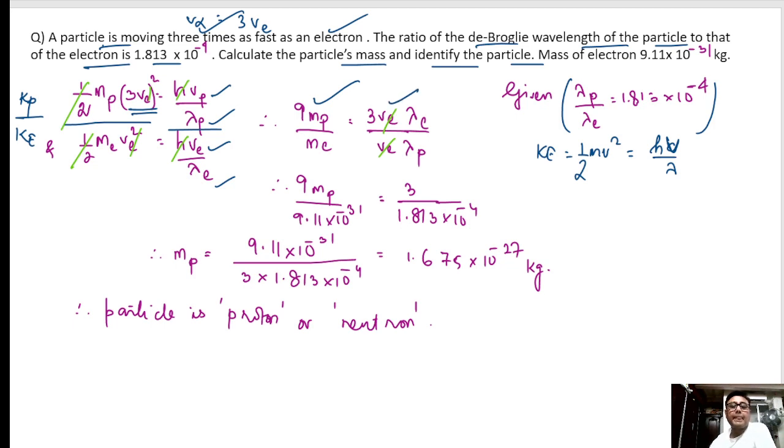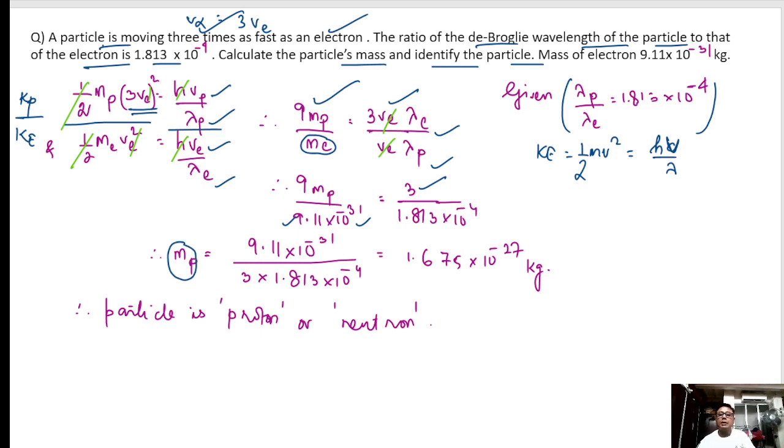Now the mass of the electron is 9.11 into 10 to the power minus 31 kg. So we can write it like this, as we have to find the mass of the particle.